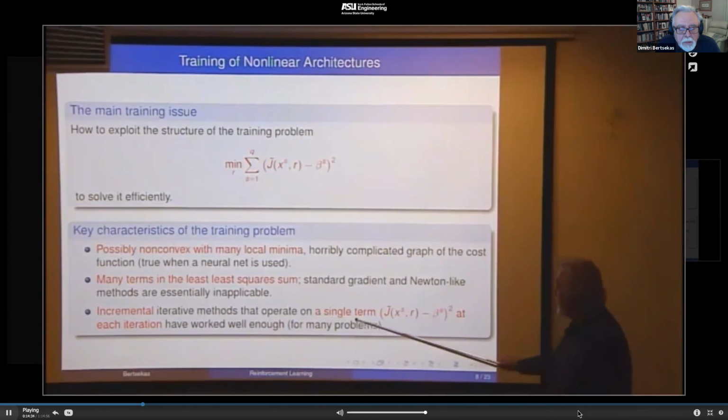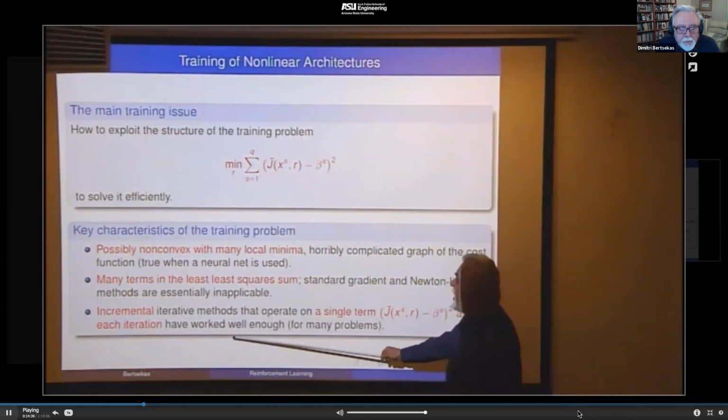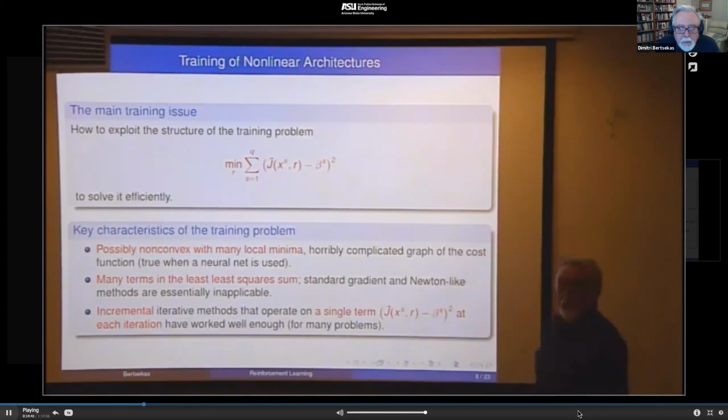So it operates on a single term, picks a sample, operates on this term, and it turns out that this has worked well enough for many of the problems that we want to solve. And importantly, there's canned software that you can use, like TensorFlow, which is a good program that people have found to be successful. If you try to program your own method, you'll see that it may be a challenge.